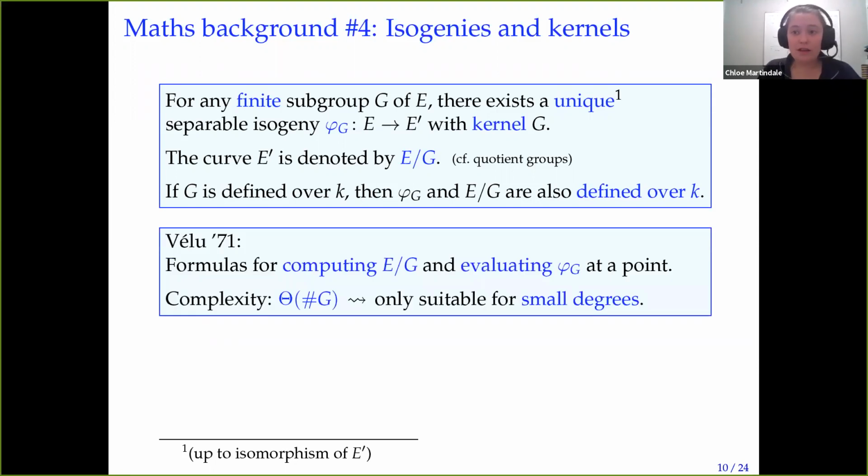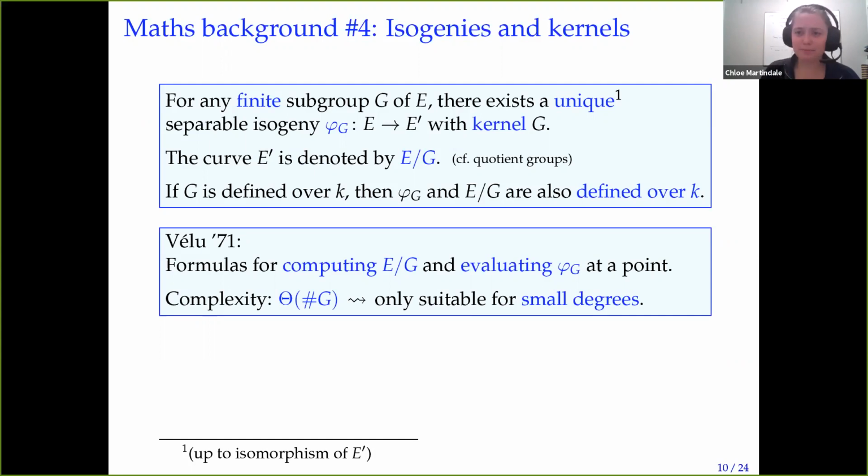Velu published some formulas in 71, which compute E/G directly from the kernel, just by evaluating the isogeny at a point. The complexity of computing Velu's formulas grows with the size of the kernel, so it's only suitable for small degrees. I don't think I've put this on the slides, but there's a very recent development. You would think that 1971 is not going to change.